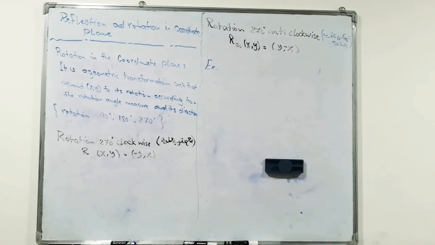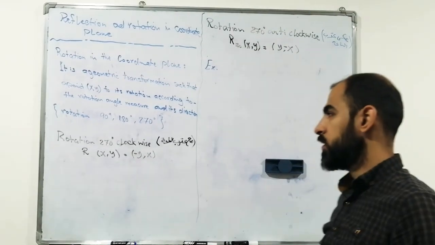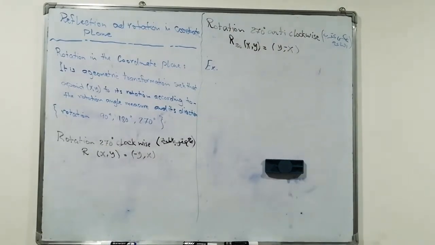Now we will take the rotation of any point 270 degrees clockwise and anti-clockwise.